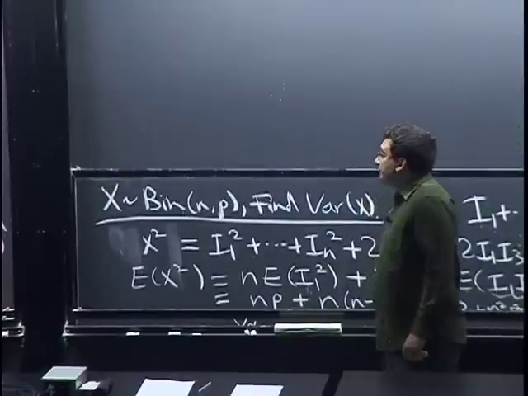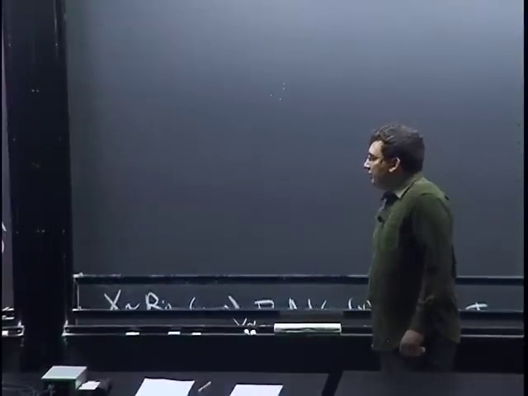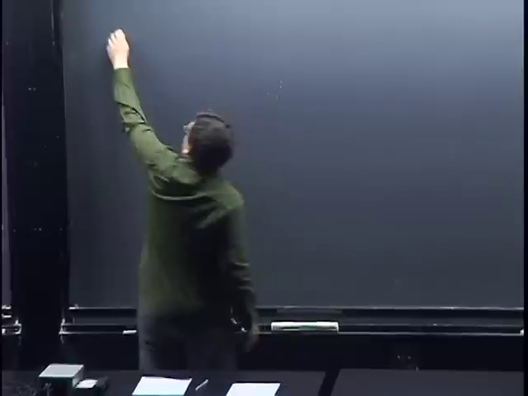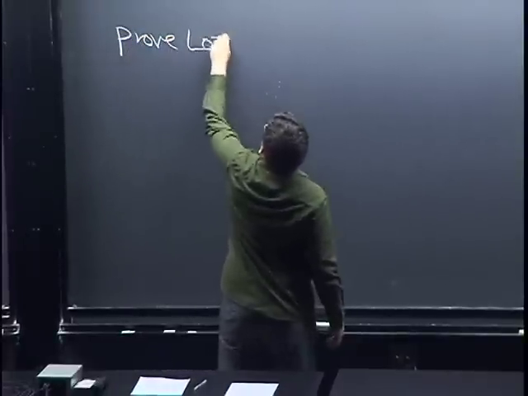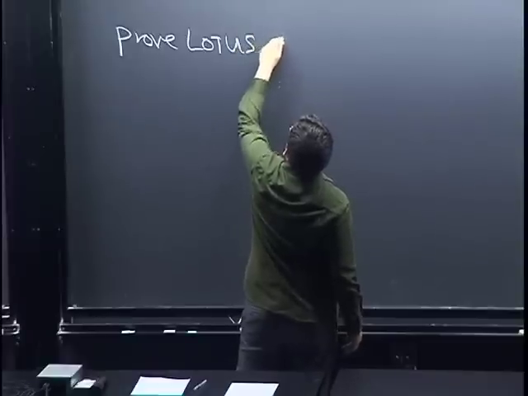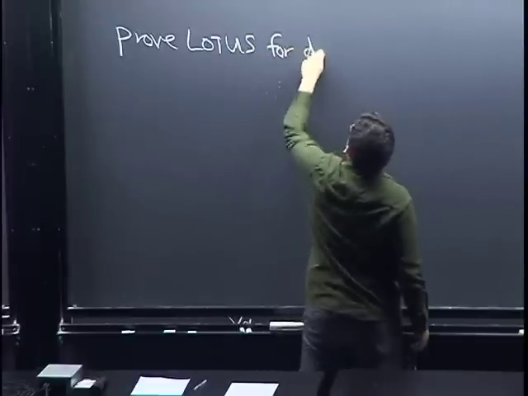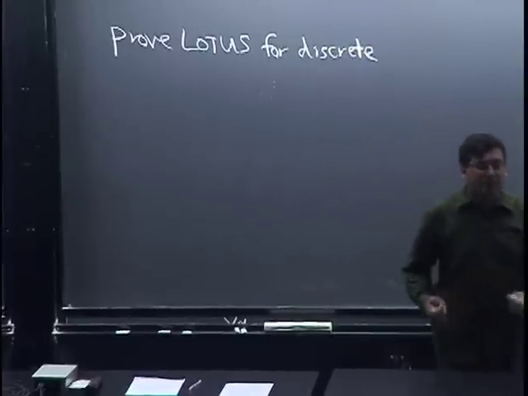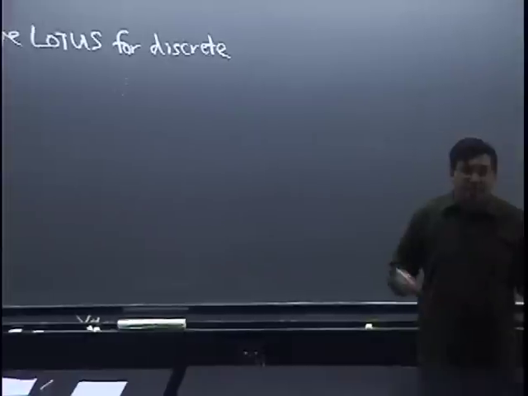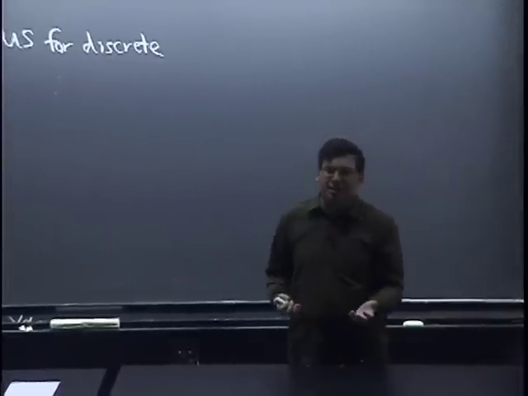So we're trying to prove LOTUS, and I'm only going to prove it for a discrete sample space. That's the case where we're imagining finitely many pebbles. In the general case, the ideas are not essentially different.